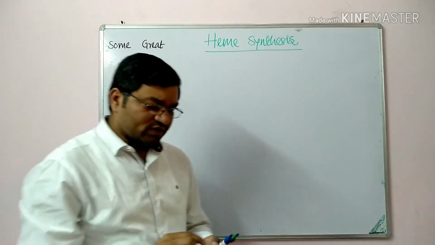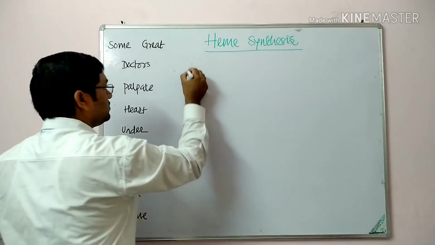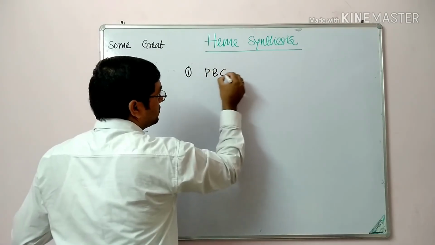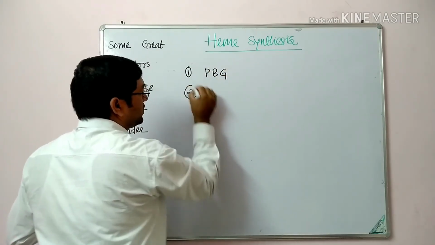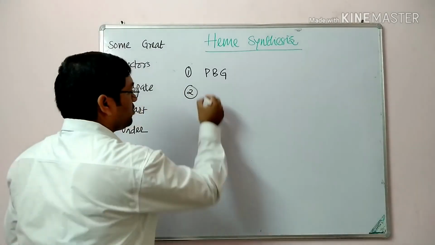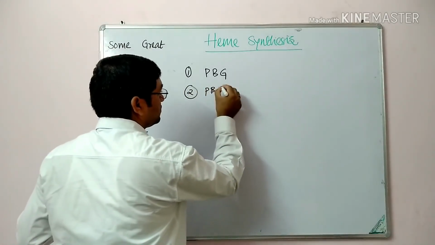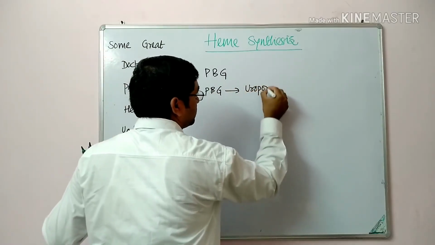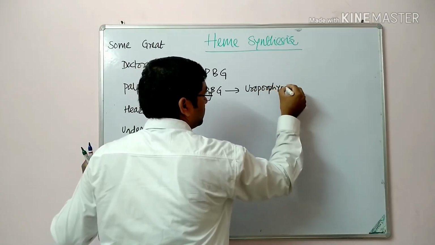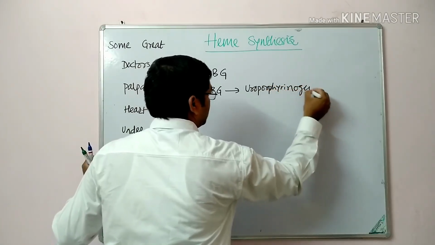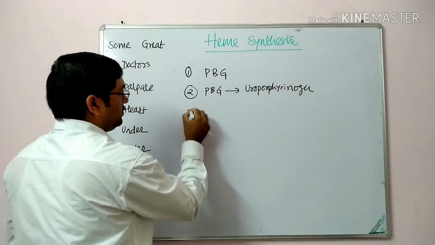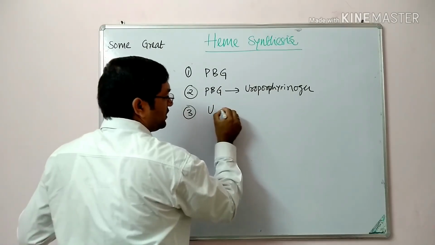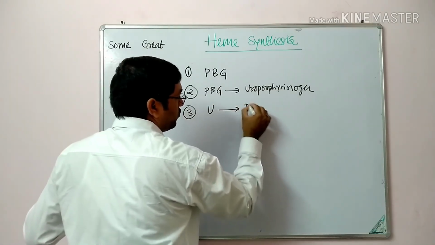There are 4 important steps. The first one is the synthesis of porphobilinogen. Second step, the conversion of porphobilinogen into uroporphyrinogen. Then third, conversion of this uroporphyrinogen into protoporphyrin.